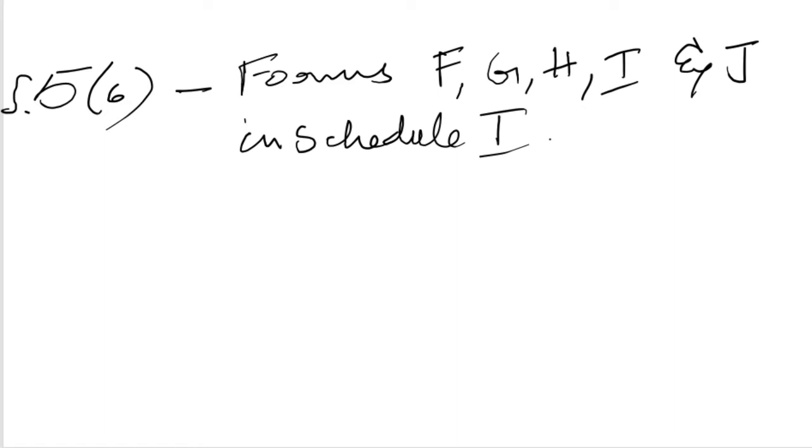Table F, or form F, is the form of articles of association that is applicable to a company limited by shares.